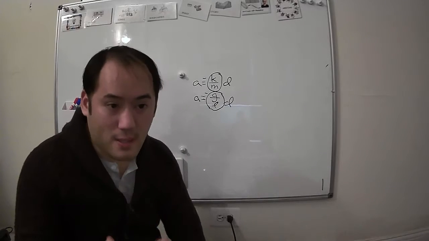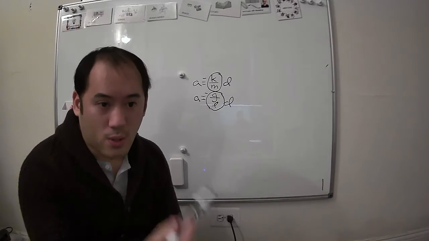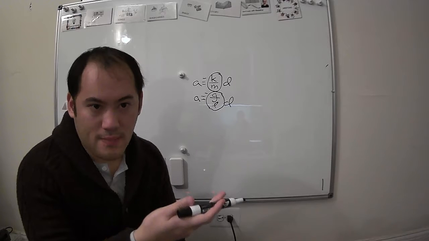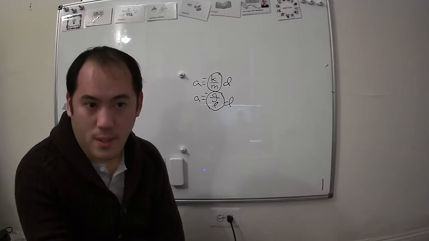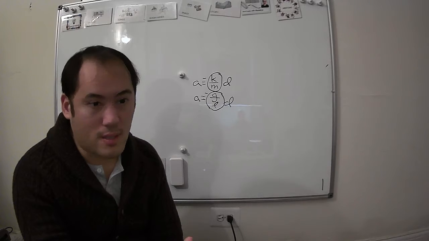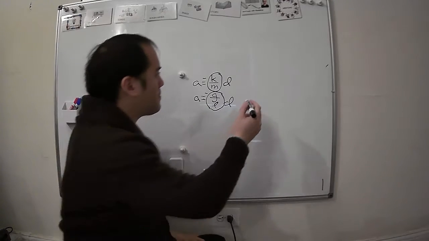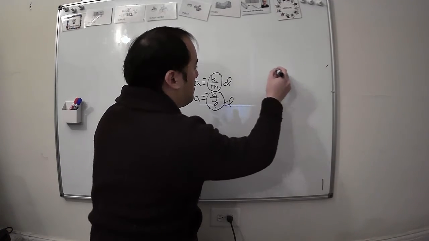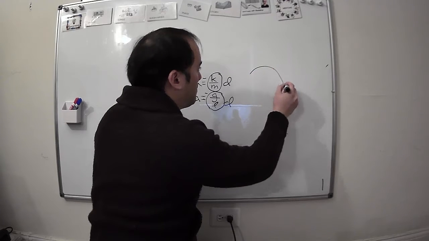So last lesson there's a video where a circular motion is related to a pendulum. Circular motion also relates pretty well to a mass on a spring. So let's do that. Let's imagine an object is going in circular motion.